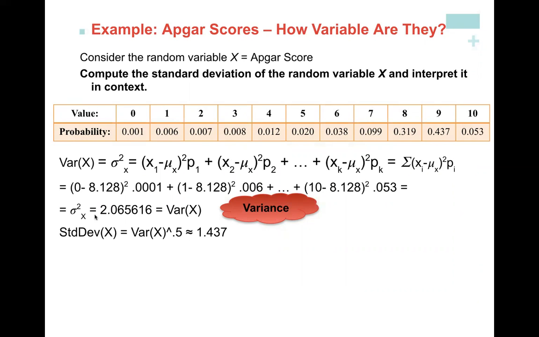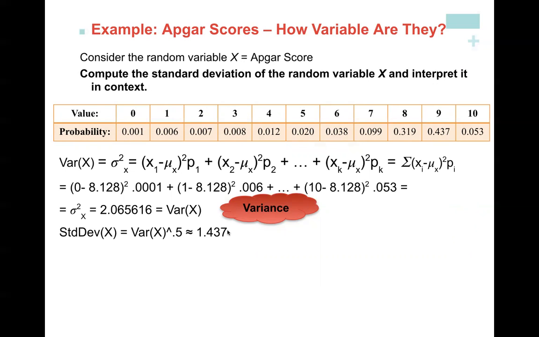The variance, sigma squared x, is 2.065616. Then you just take the square root, caret 0.5, and you get approximately 1.437 for your standard deviation. So this entire probability distribution has an expected value of 8.128 with a standard deviation of 1.437.